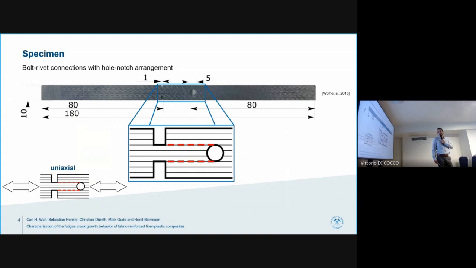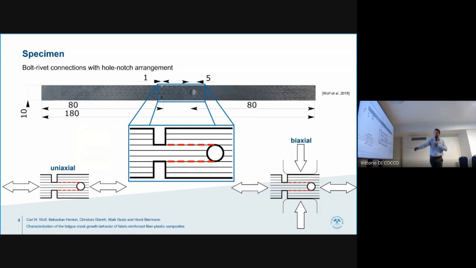To get a feeling about the interlaminar fatigue crack growth for uniaxial loading, we performed uniaxial tests as well as biaxial tests to test the influence of the compressive forces.